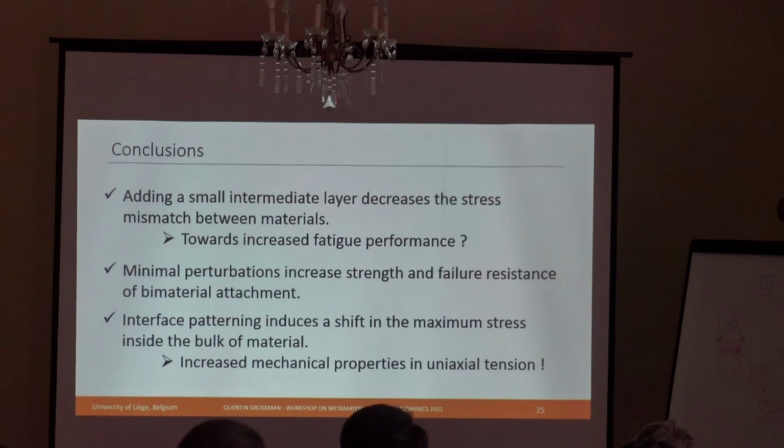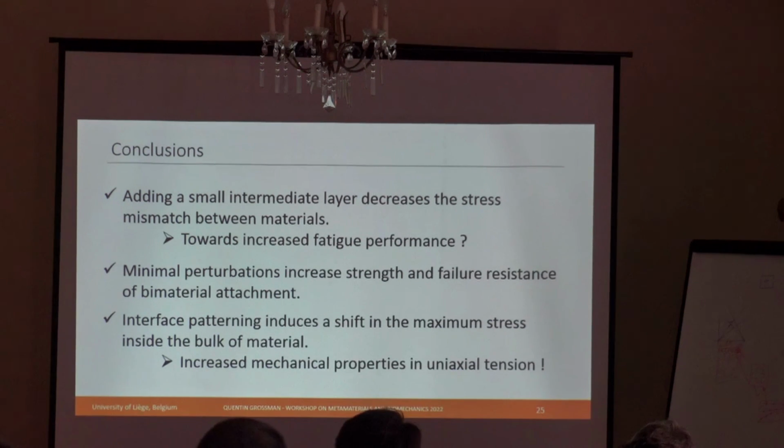A small conclusion on the 2 sides that I presented: we saw that by adding this small intermediate layer of softer Young's modulus, we have a decrease in stress concentration and mismatch between the 2 materials. So this is promising in improving the fatigue performance of the material, because as Davide explained, it is used for many loading cycles in natural material, but it needs to be investigated more.